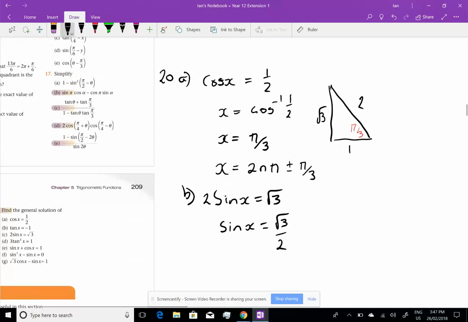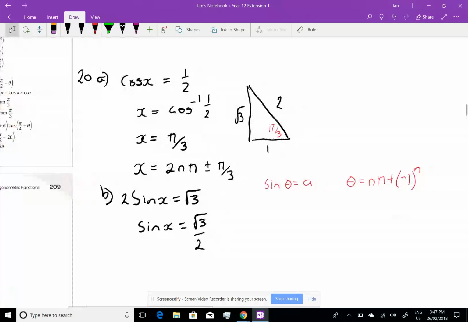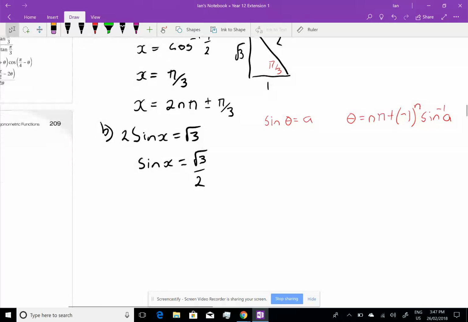Now, from the formula sheet which you get given, it states if sine theta equals A, then the general solution is theta equals n pi, whatever number of iterations of pi, plus, now to account for that negative sign changing in different spots, we get negative 1 to the n, and whatever the acute angle is, inverse sine of that.